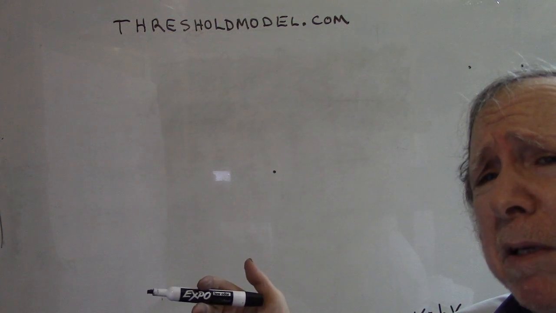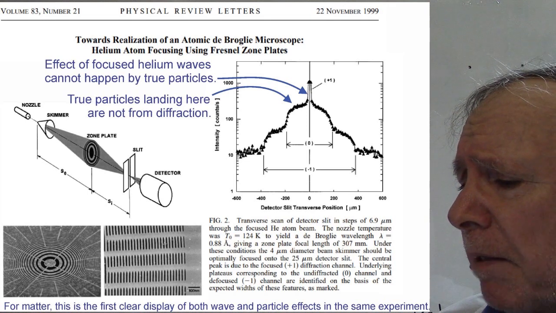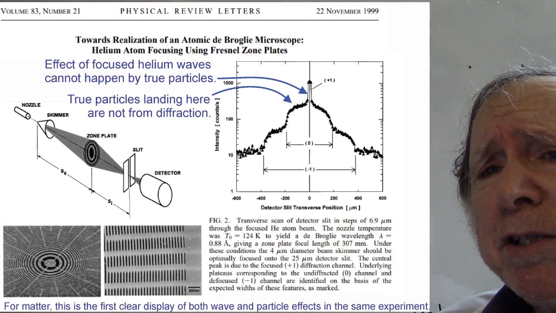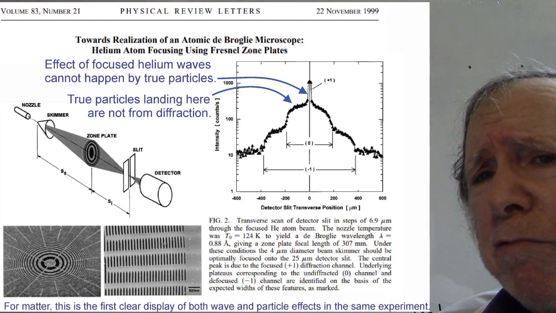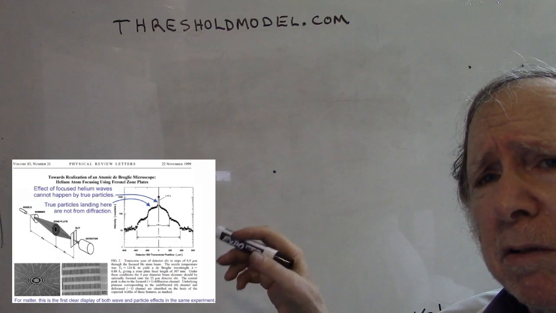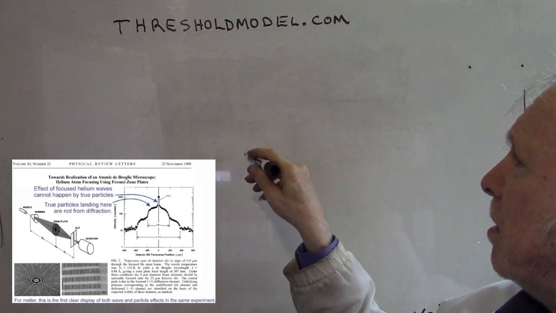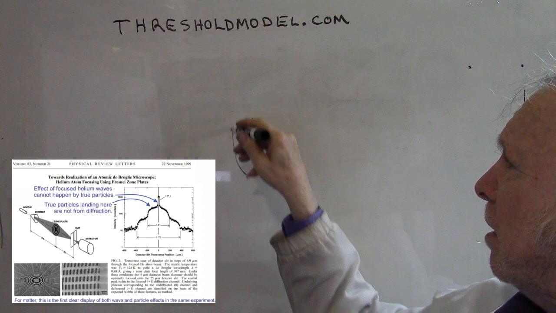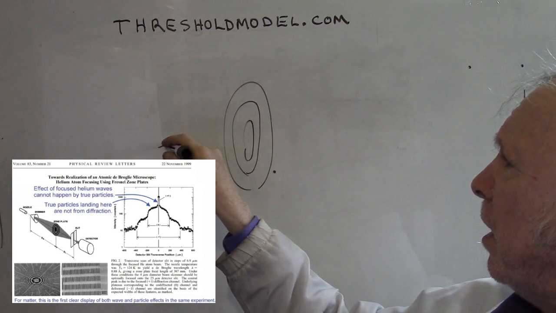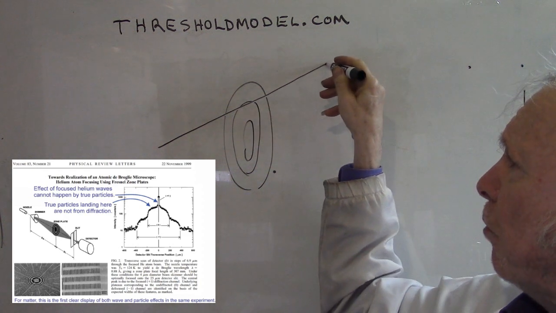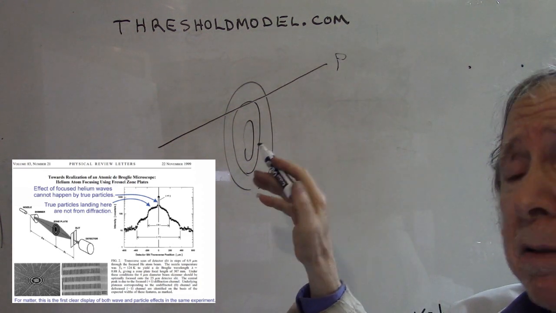Another interesting experiment that I want to bring up was that in 1999 there was diffraction of helium against a grid of circles, like a diffraction lens, where some of the heliums will go through as if they were particles.